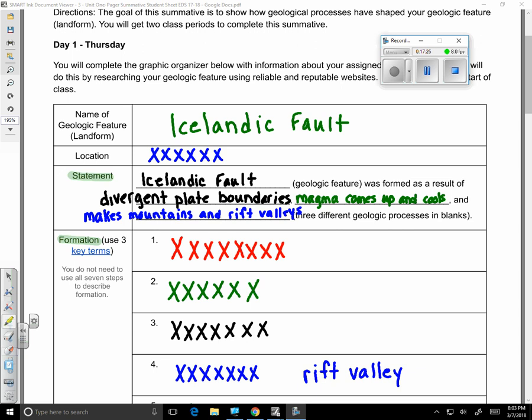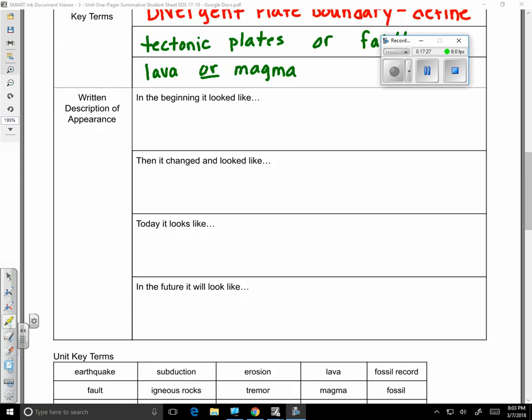So the last section is a written description of the appearance of what this is going to look like. So in the beginning it looked like. So you are going to write a sentence about what it looks like. I'm going to draw a picture and you're going to write it in words. So you're going to have 2 plates that are diverging or spreading apart.